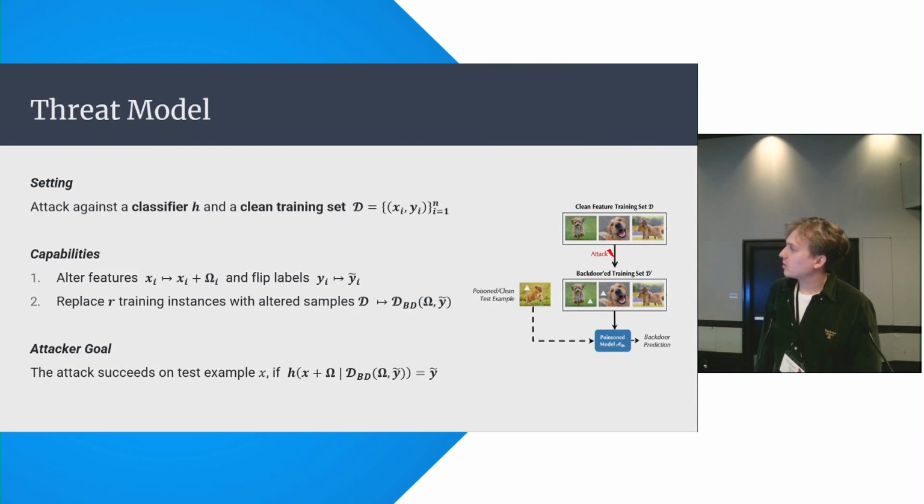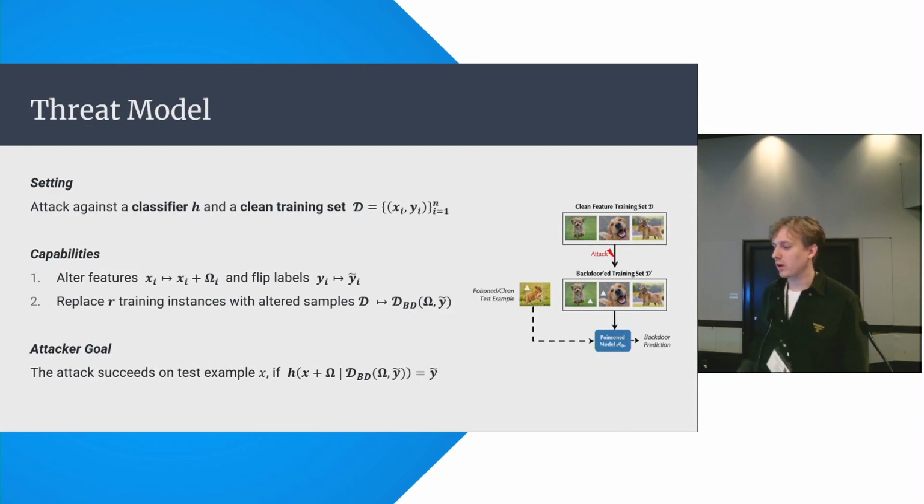We assume that the attacker cannot interfere with the training process here, for example. And we say that the attack succeeds if, on a certain test example, the attacker can guide the model prediction. So if the attacker knows the backdoor pattern and adds this backdoor pattern to the input, on a classifier which was trained on a backdoor training set, then they can control the model prediction.